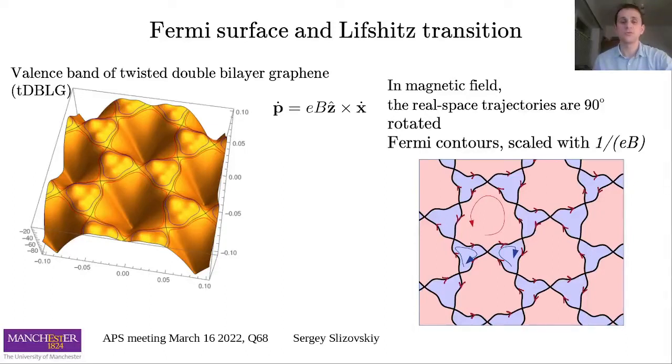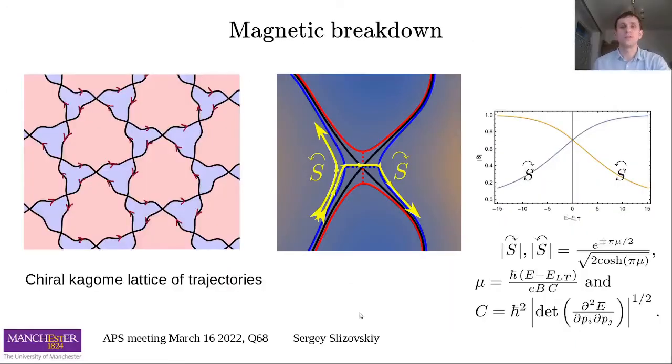But close to the Lifshitz transition, quasi-particles can jump between the trajectories and hence evolve along an infinite network of trajectories. Quantum scattering between the nearby classical trajectories is called the magnetic breakdown. The quantum mechanical scattering amplitude to turn either left or right at the junction can be found from the exact quantum mechanical solution.